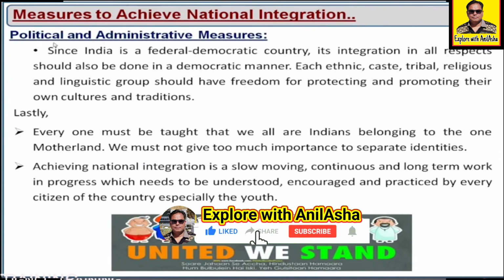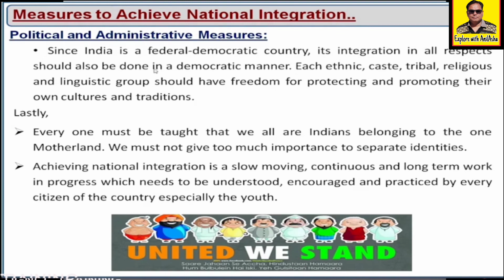And the last measure, political and administrative measures. Since India is a federal democratic country, its integration in all respects should also be done in a democratic manner. Each ethnic, caste, tribal, religious, and linguistic group should have freedom for protecting and promoting their own culture and traditions, but keeping in view national integration.